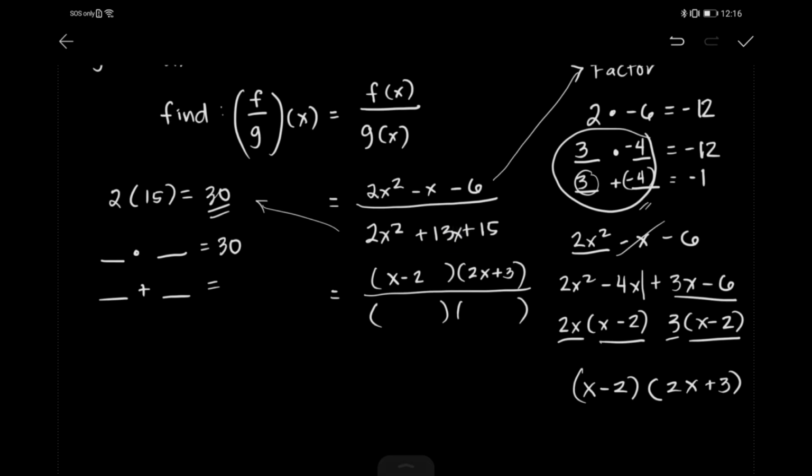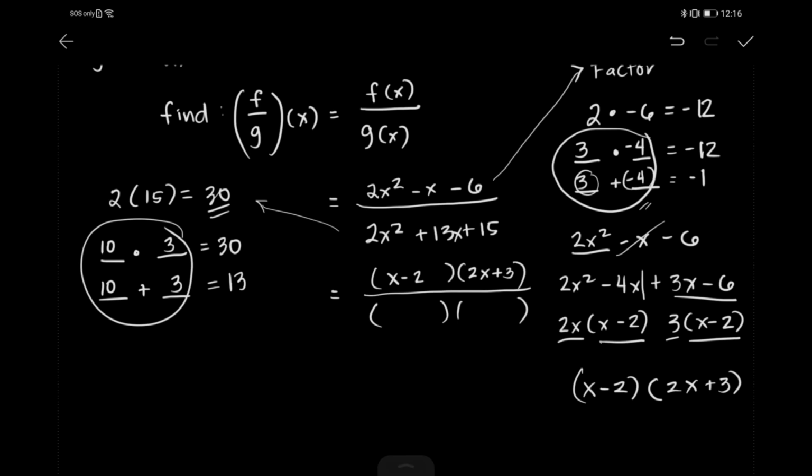So the sum is equal to 13. So here, 10 times 3 is equal to 30, and 10 plus 3 is equal to positive 13. So meaning, we are pertaining these two numbers.